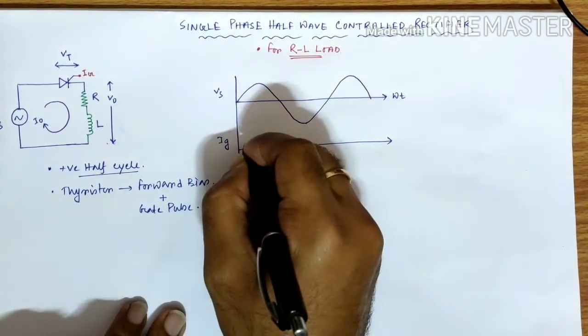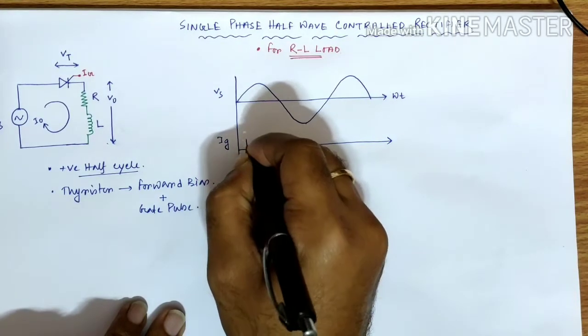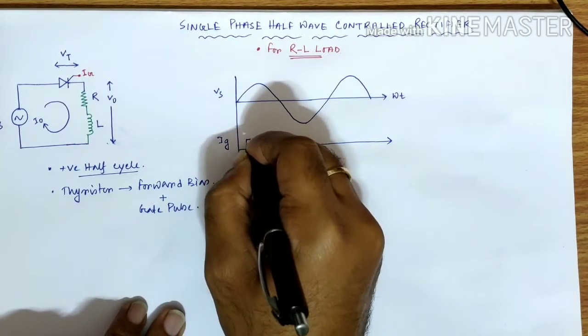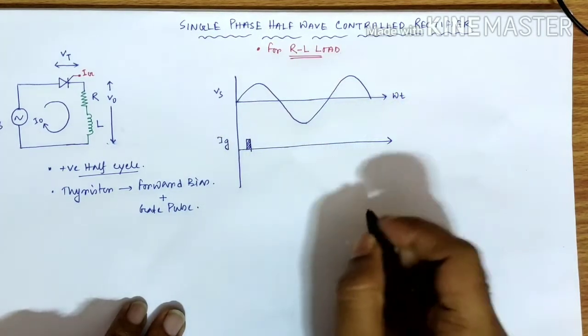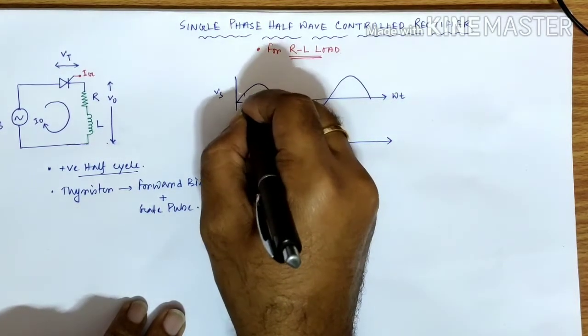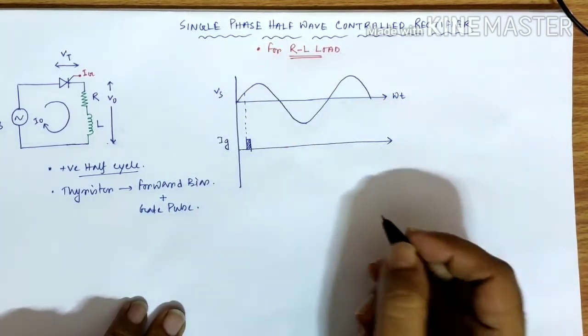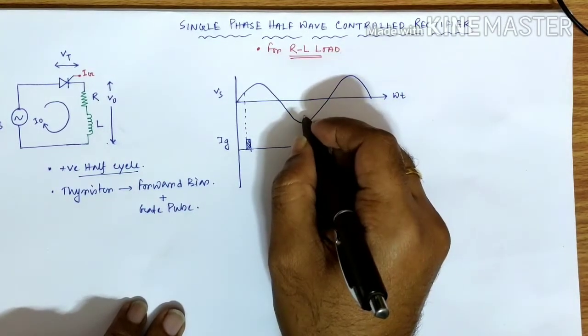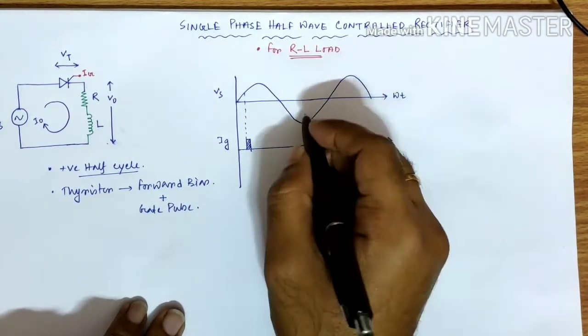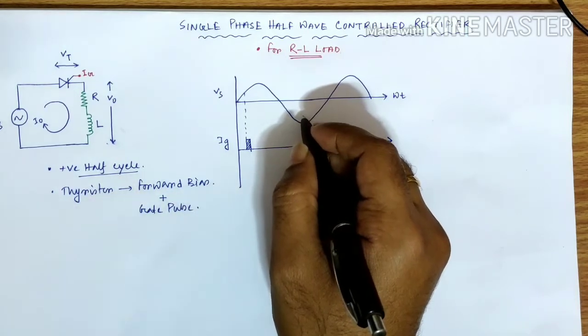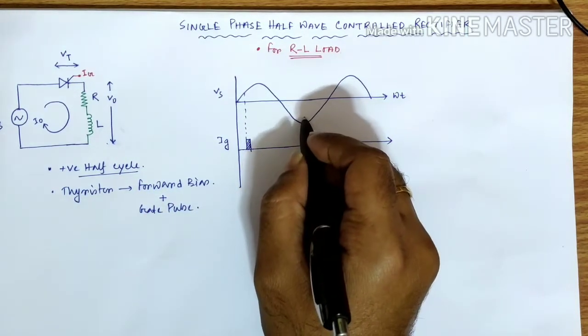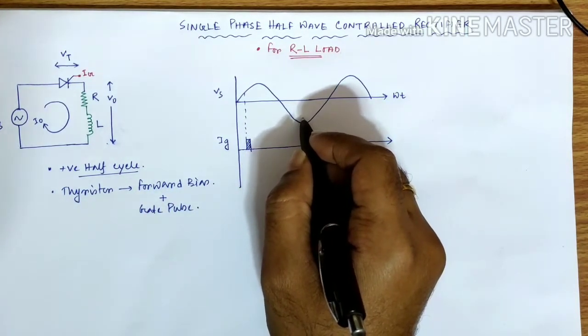So assume this is the angle at which we have applied the gate pulse. Similarly, in the negative half cycle, it is reverse biased. So no need to provide the gate pulse here, because even if we provide a gate pulse here, the thyristor will not turn on.